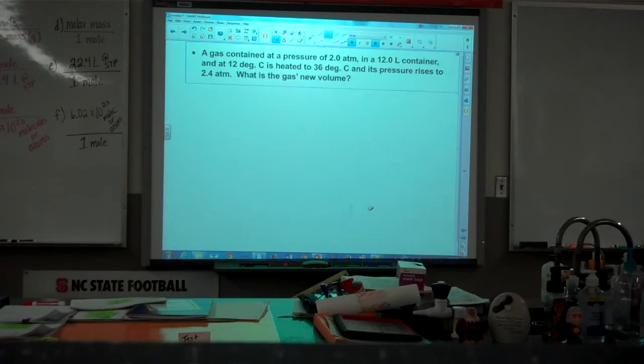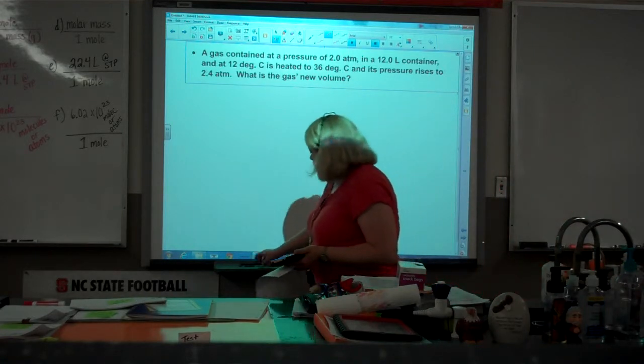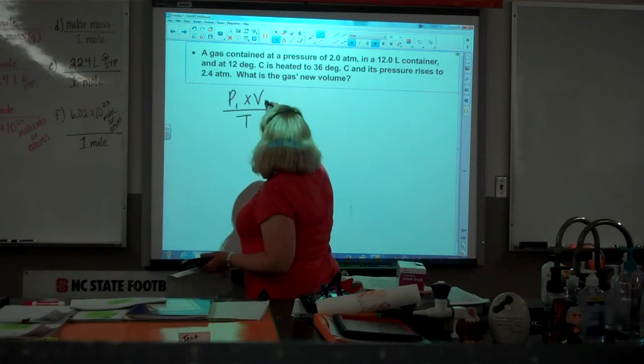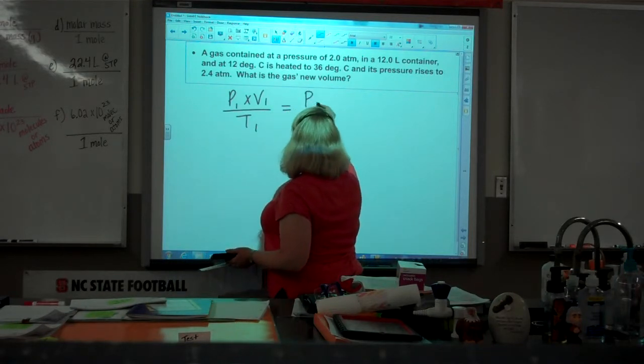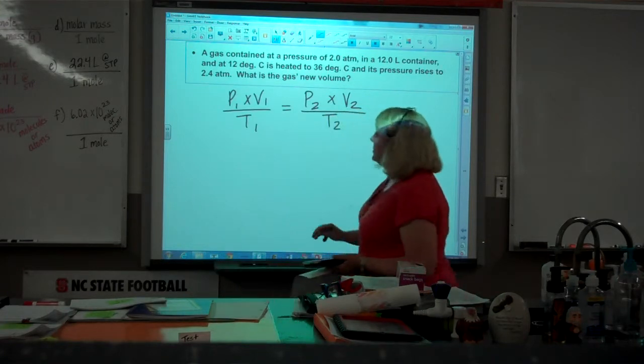I have a second problem up here, and you don't have to write this down. I just want you to use your calculator. Okay? So, calculator, again, ready here with our P1 times V1 over T1 equals P2 times V2 over T2. And this one's a little simpler.